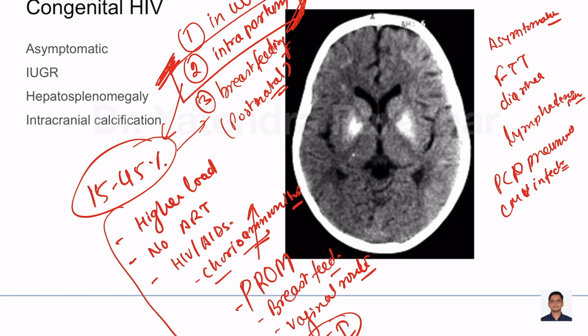Neurological signs include developmental delay, encephalopathy, and microcephaly. Diagnosis can be made by the use of HIV PCR at birth. Timing of the testing is at birth, at 2 weeks, at 1 to 2 months, at 4 to 6 months.